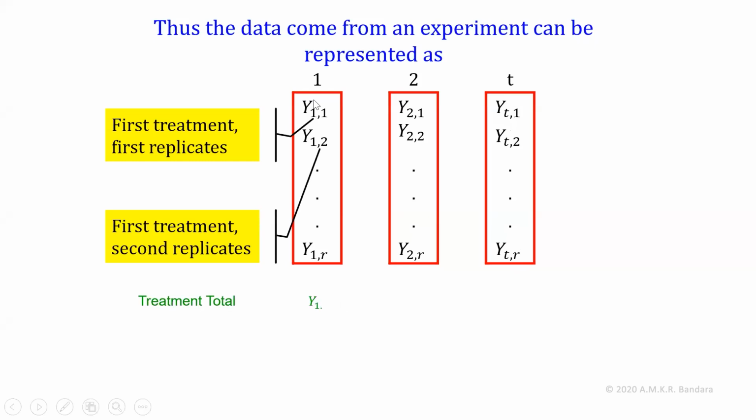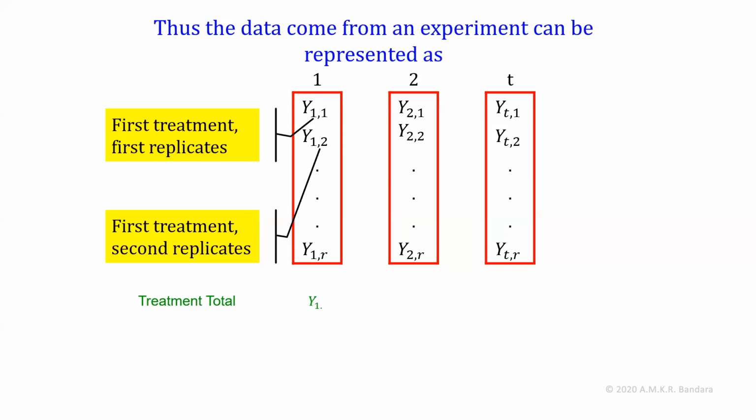If I total all these observations, that total is the treatment 1 total. That total belongs to treatment 1, therefore I am using subscript 1, and it does not belong to any replicate, it is the total of those replicates, so I put the dot.